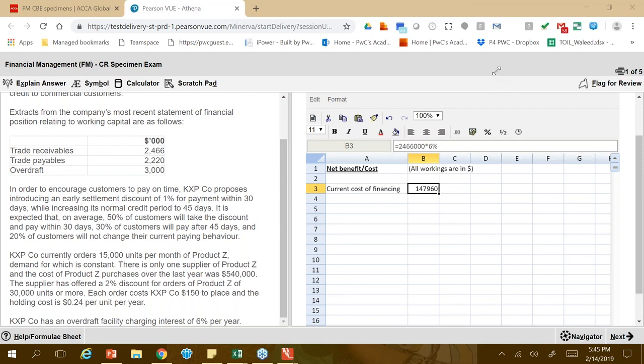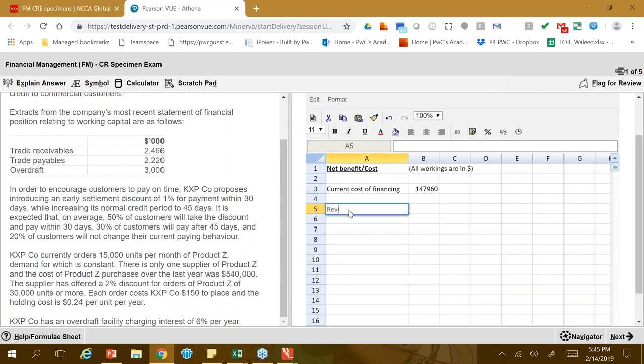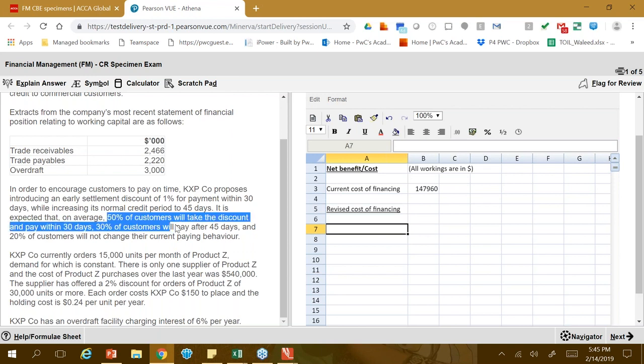Now, what I need to do is find the revised cost of financing because there are some changes which are taking place. Remember, this company is going to split their customers into 3 layers. 50% customers will take the discount and pay in 30 days.